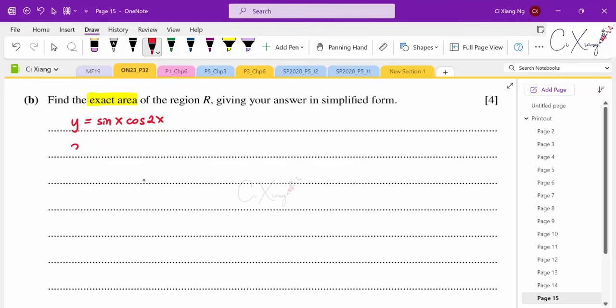So x-intercept means that y equals to 0. Okay, then I'm having two equations here where it is sine x equals to 0 and also cos 2x equals to 0. Okay, so what's the value of x? If you try to solve it, you're having x equals to 0 and pi. And then if you try to solve for 2x, cos inverse 0, you have pi over 2 and also 3 pi over 2.